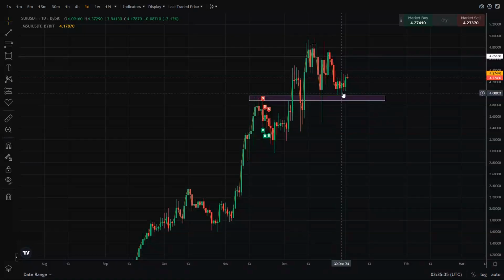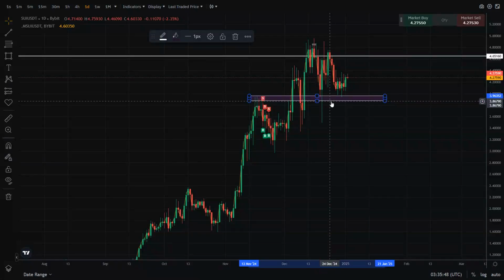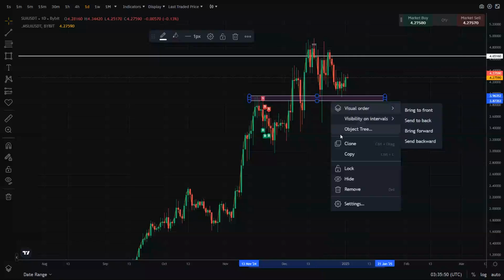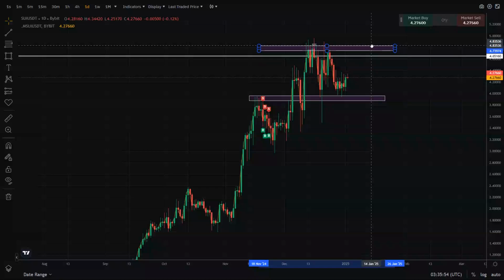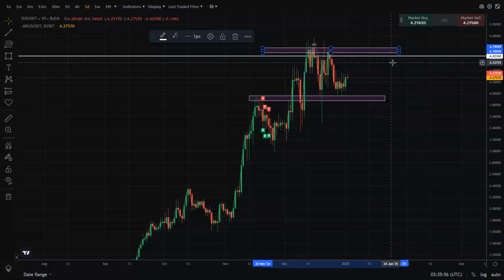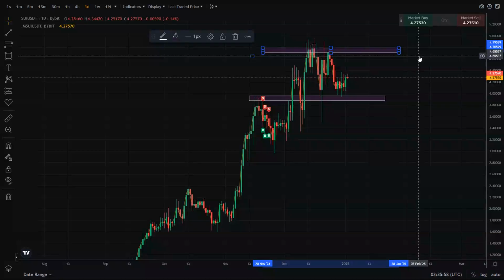So this is a very recent support. First you understand that this is a support area, so we've recognized a support area. And for resistance, I already drew this out over a period of time, probably a few months or 2 months ago.